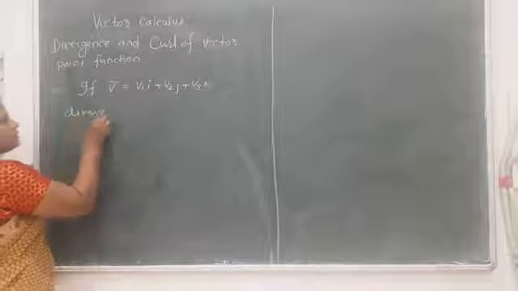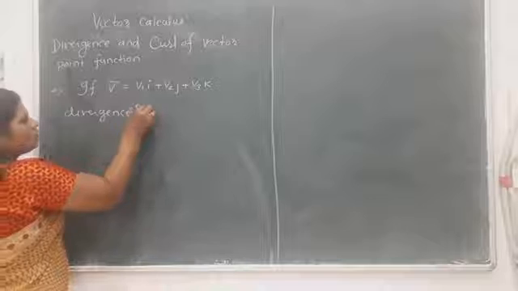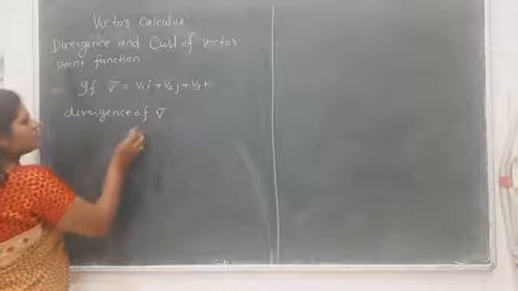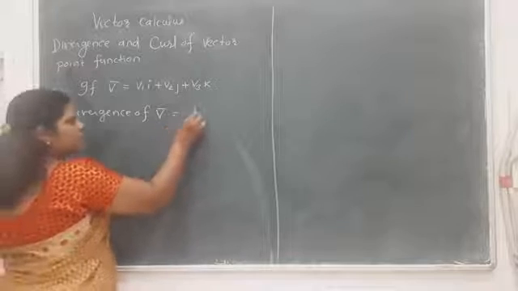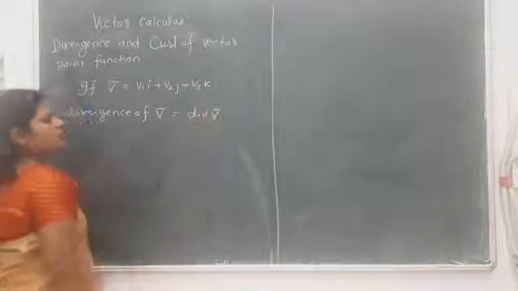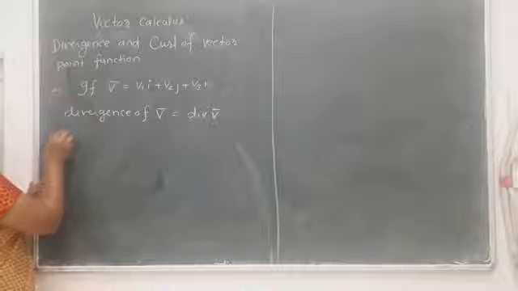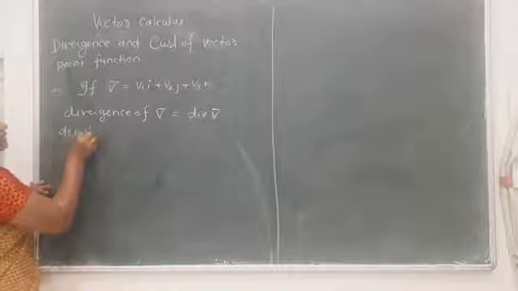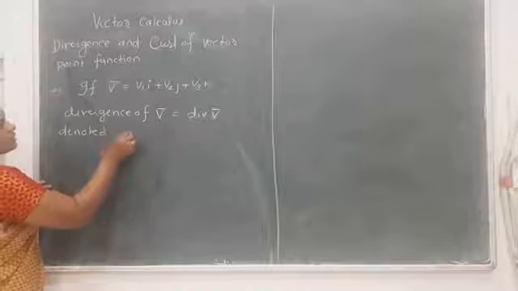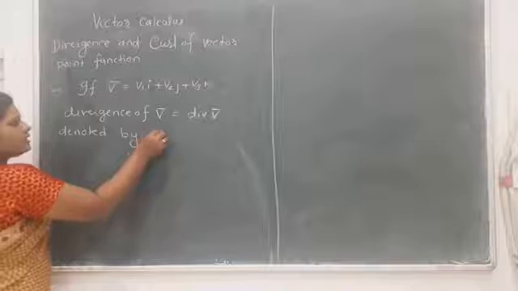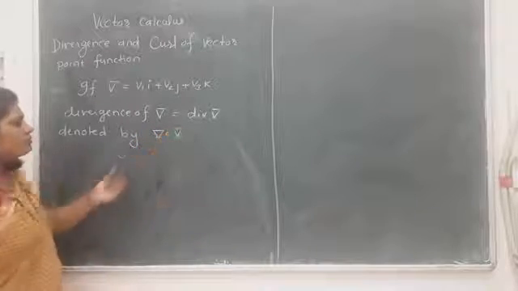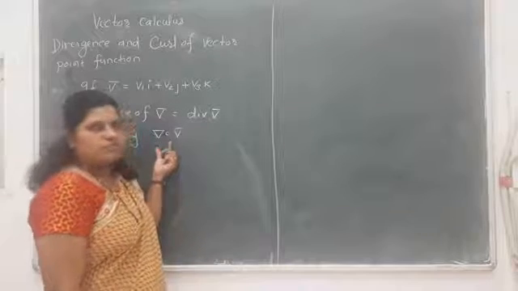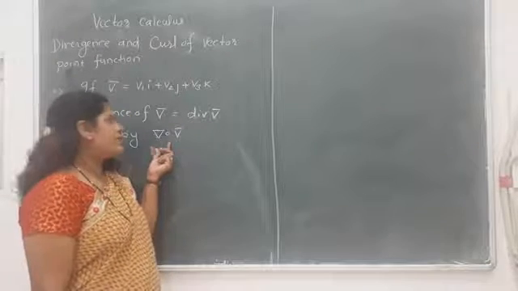The divergence of v bar is denoted symbolically by del dot v bar, and we have seen the value of that del operator in a previous lecture, that is the grad.